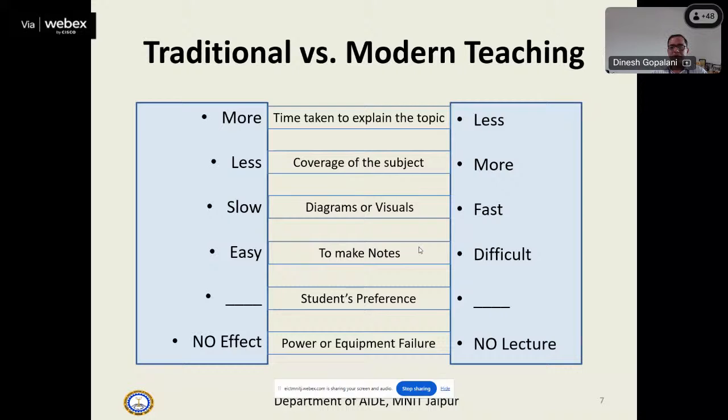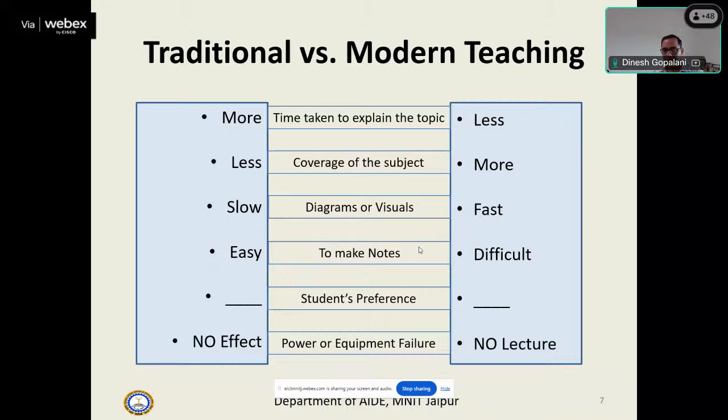Before we move on to the next one, let us cover the last one, and then we'll discuss this. So power or any other equipment failure in traditional, there will be no effect. Even it can work without power also. In our perspective, in Indian perspectives, no matter whatever power backups we may have, sometimes they also fail actually.